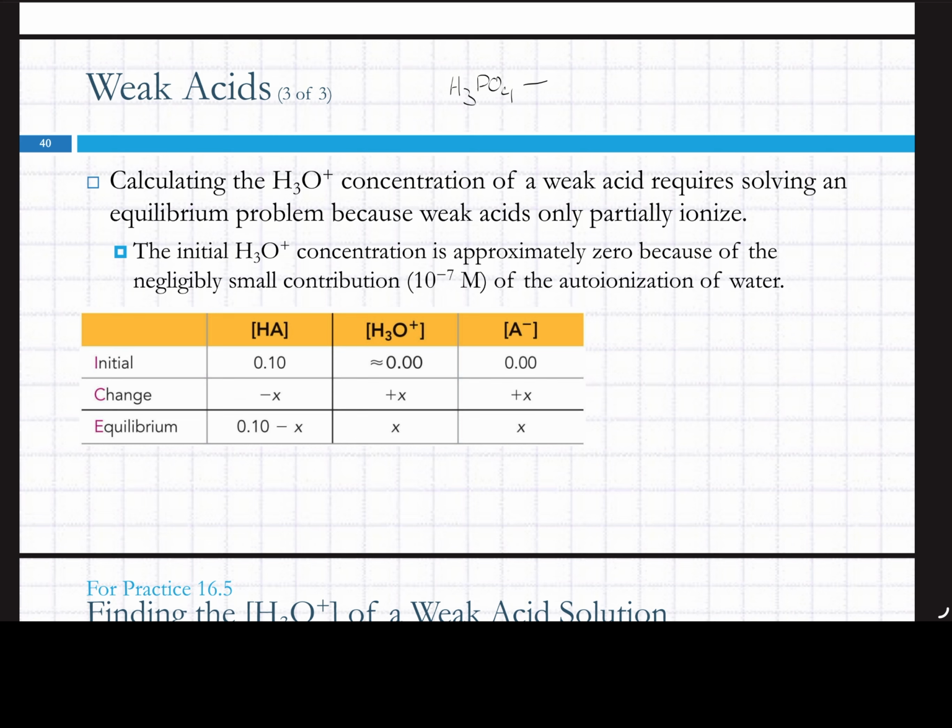And so with phosphoric acid, when this reacts with water, I'll get H3O plus and H2PO4 minus, which is very similar to this reaction down here, where I have some acid, that acid loses one proton, loses one hydrogen, the water gains that hydrogen, becomes H3O plus.